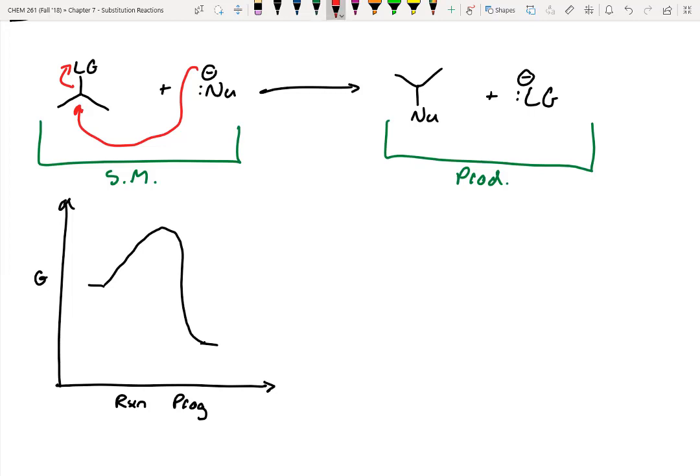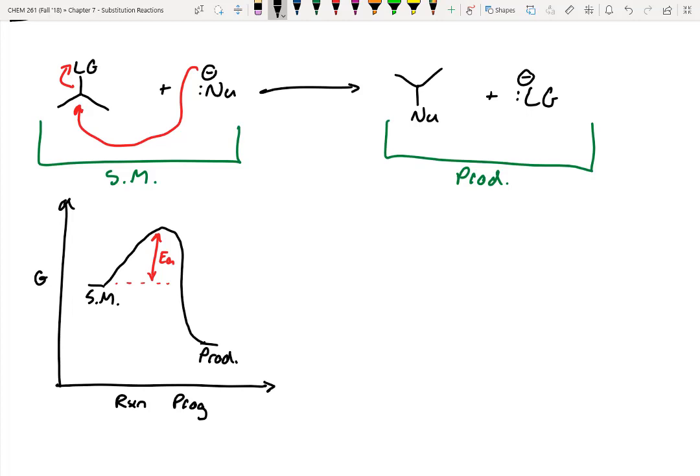So when we look at this, we're still going to have an activation energy, a hill we have to climb, but we don't have to worry about one hill versus another hill. It's just going to be one hill. So this is our starting material. This is our products.